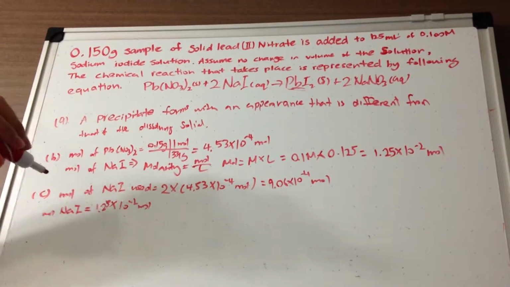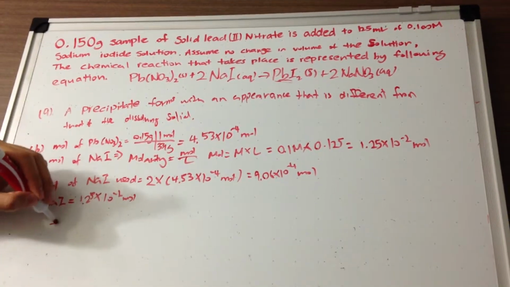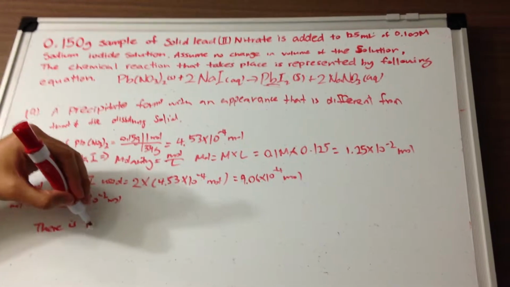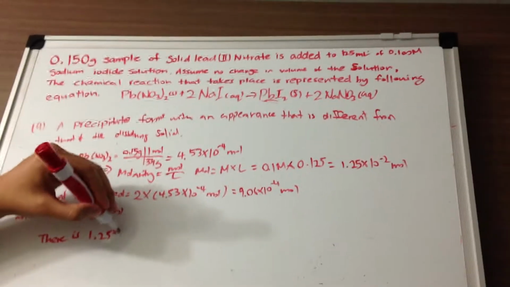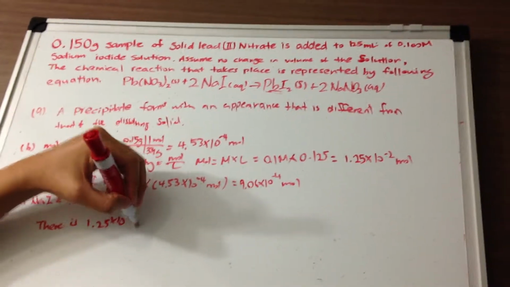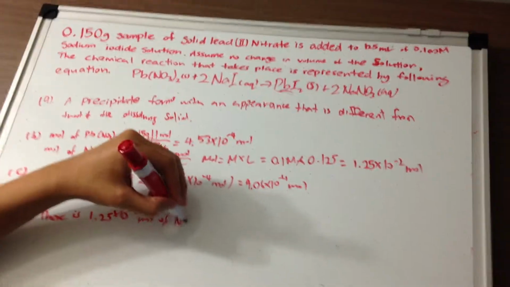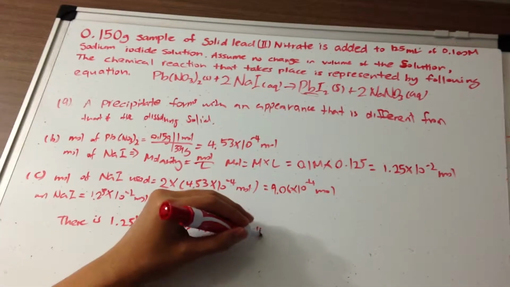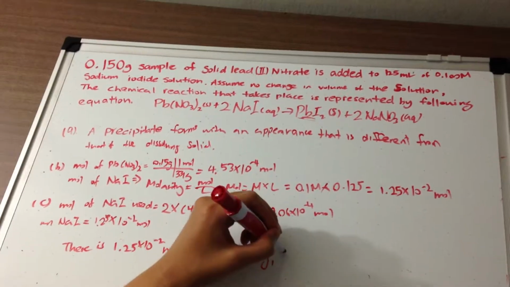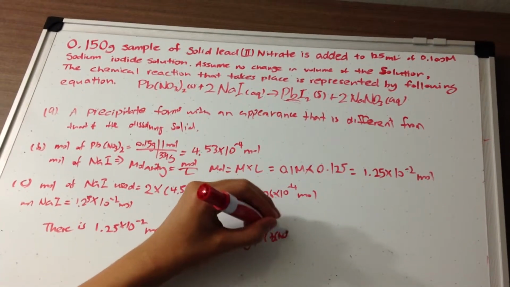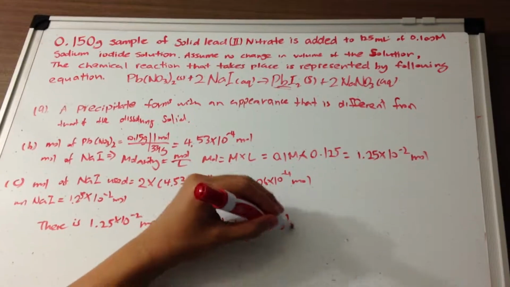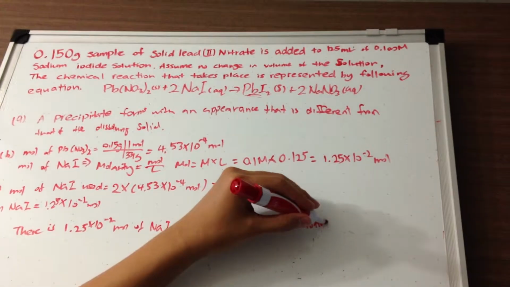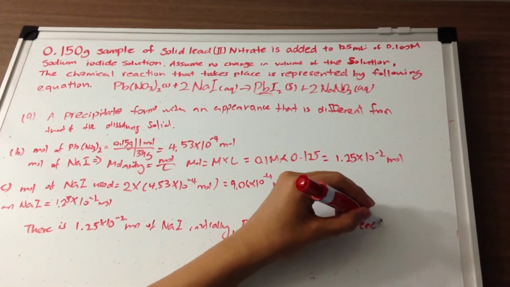So you can say because there is 1.25 times 10 to the negative 2 mole of NaI initially, Pb(NO3)2 is the limiting reactant.